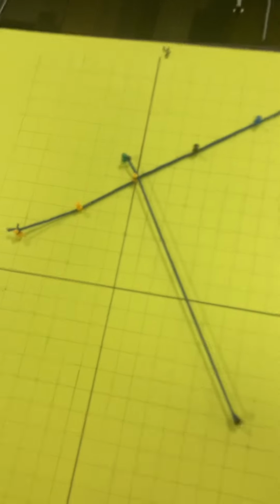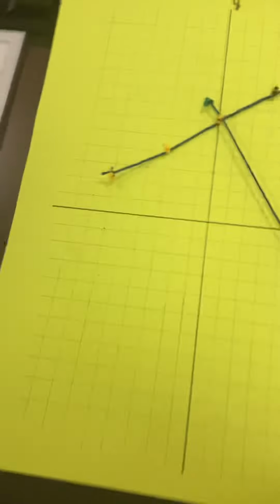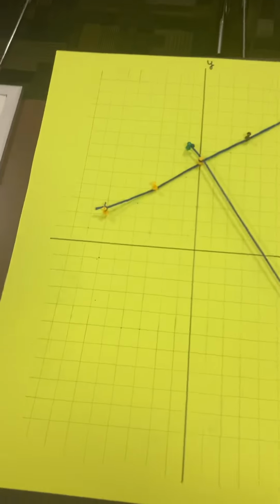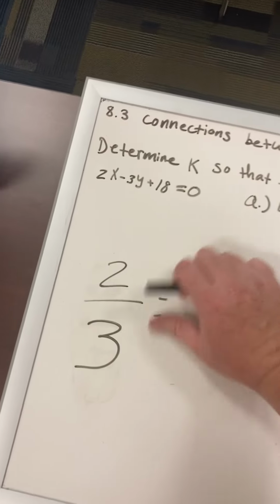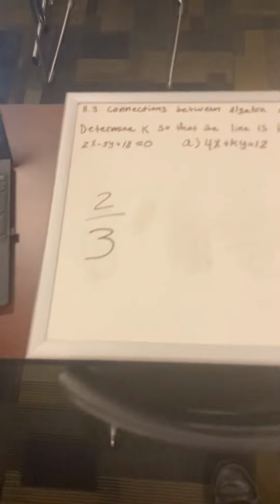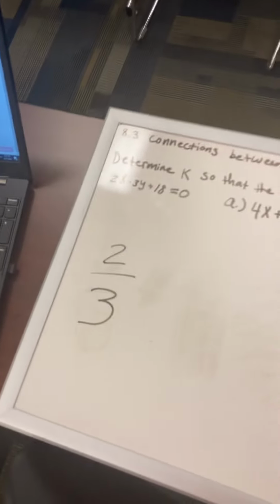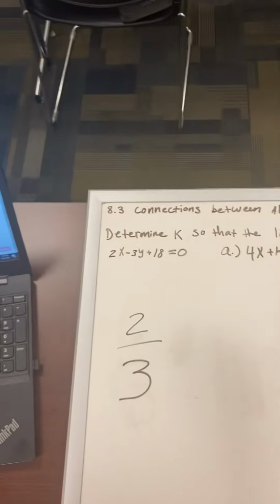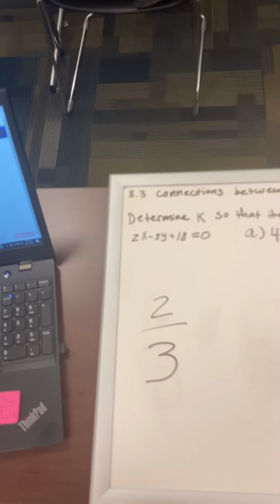Okay? Now, we know that the slope was the determining factor on parallel lines. So I think it's safe to assume that the slope probably has something to do with the perpendicular line as well. So let's just take a semi-educated guess. What could be the relationship for a perpendicular line?